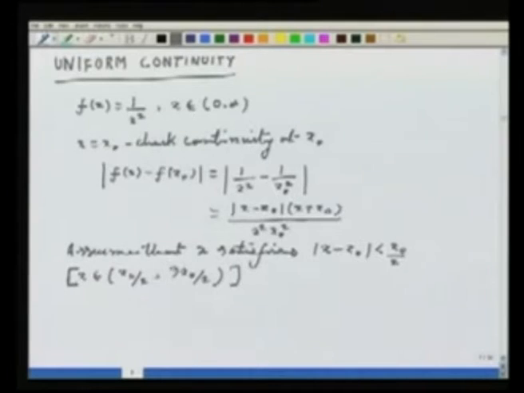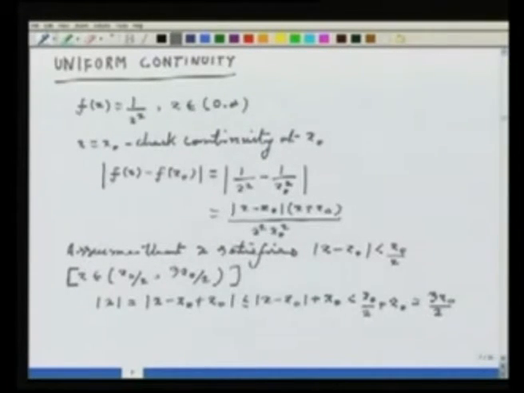But if I have this, then mod of x equals mod of x minus x naught plus x naught, and then I use triangle inequality to get mod of x minus x naught plus mod x naught, but mod of x minus x naught according to my choice is less than x naught by 2. So this is less than x naught by 2 plus x naught, which is equal to thrice x naught by 2.